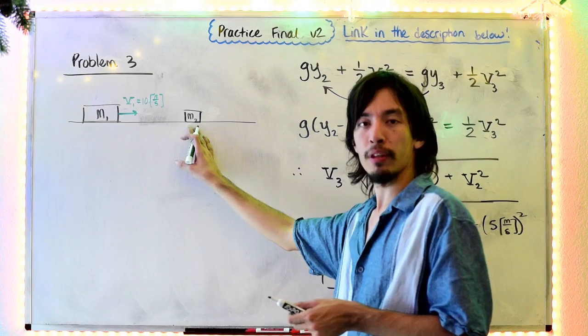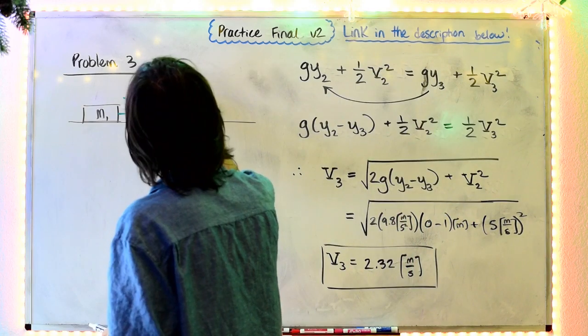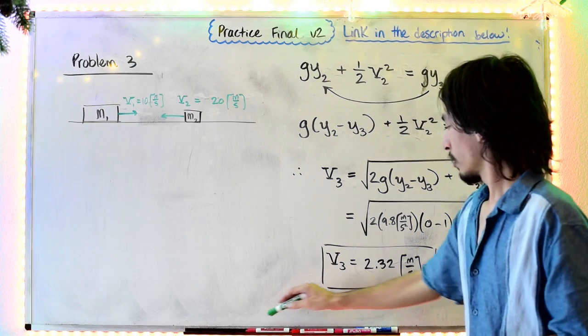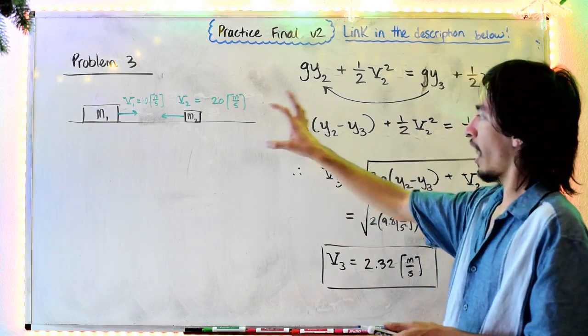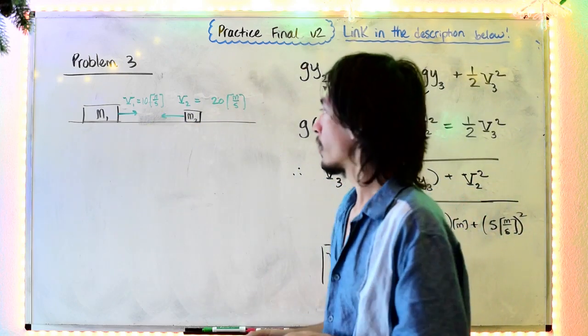And the other one was traveling faster with a speed of V2 equals 20 meters per second. So I have both of the masses and both of the initial speeds.